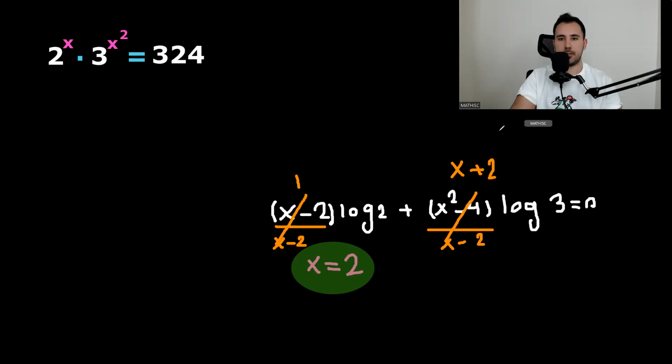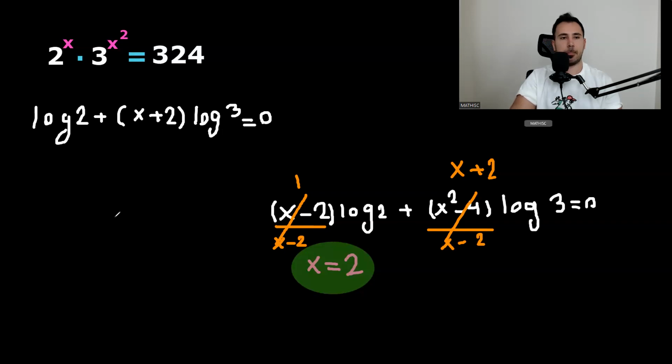So we'll have log 2 plus x plus 2 times log 3 would be 0.